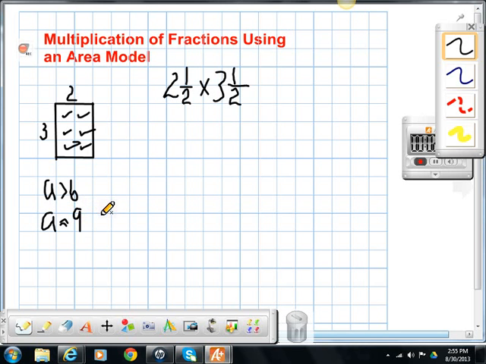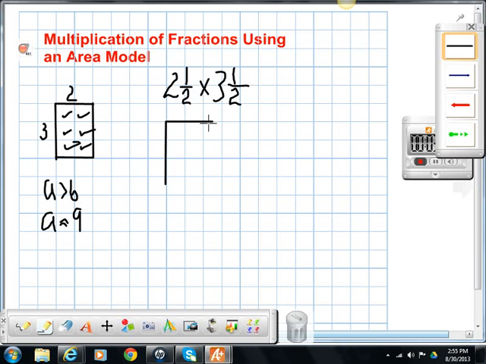If I was taking a test and only one answer was close to 9, I'd go for it. So in any case, let's model 2.5 times 3.5. Let me draw one side of the rectangle. It's going to be not 2, but 2.5. And the length is not 3, but 3.5.